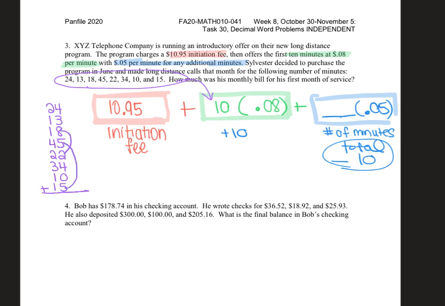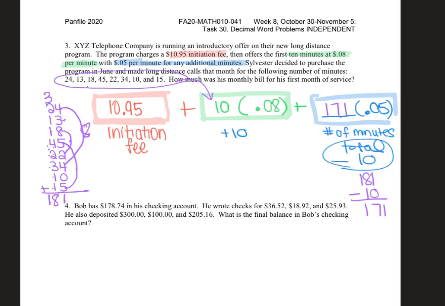There's 10, there's 10, there's 8, and a 3. So I have 10, 20, 28, 29, 30, 31. Then 3, 5, 6, 7, 8, 9, 10, 11, 12, 13, 14, 15, 16, 17, 18. So a total of 181 minutes minus 10 gives you 171, and that goes there.